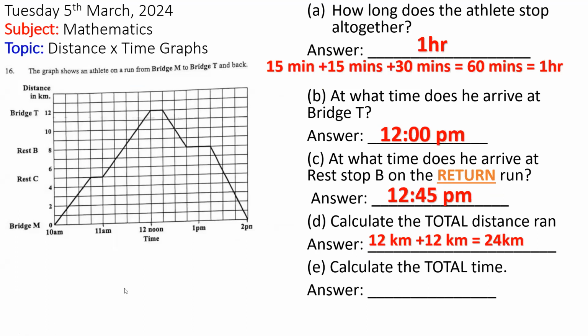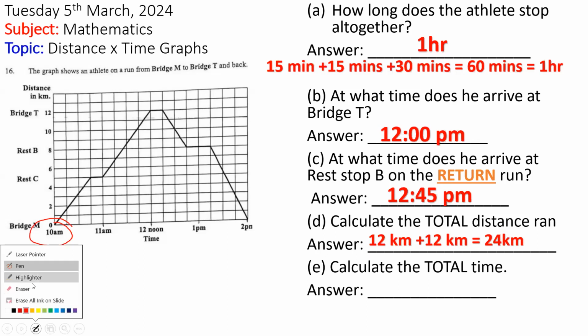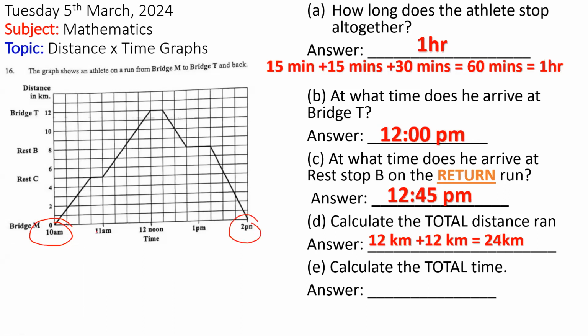Well, we start at 10 a.m., didn't we? And we ended at what time? 2 p.m. So 10 a.m. to 11 a.m., how many hours is that? 1 hour. 11 a.m. to 12 noon is what? 1 hour.